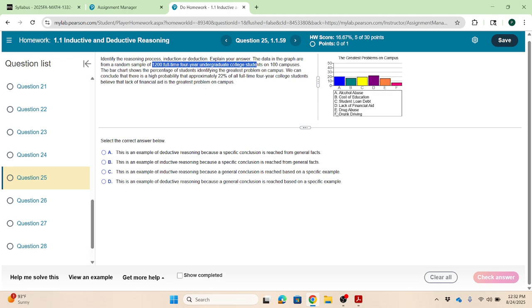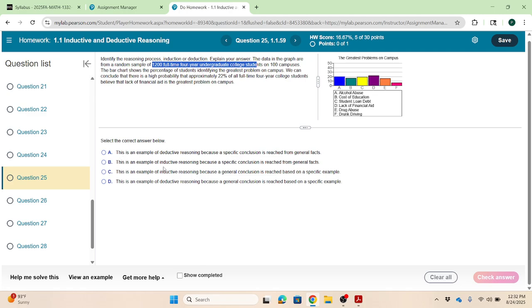So lack of financial aid is D, which is more than 20%. So that's coming from the random sampling process, and this is called induction, because from some specific example we are making the conclusion. So what is the correct option?